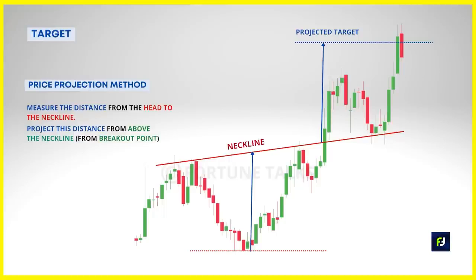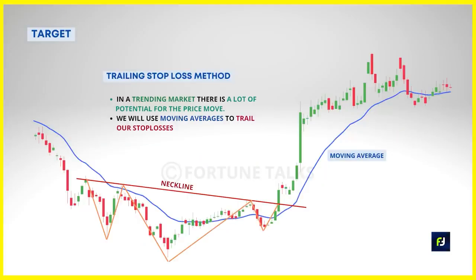This price projection technique helps decide whether it's too late to enter a trade or not. And if the price is very close to reaching the price projection, then there's probably not much juice left in the move and you might want to skip the trade. But unlike the price projection technique, a trailing stop loss method does not use a fixed target profit. Instead, you trail your stop loss as the price moves in your favor so that you can ride the entire trend.